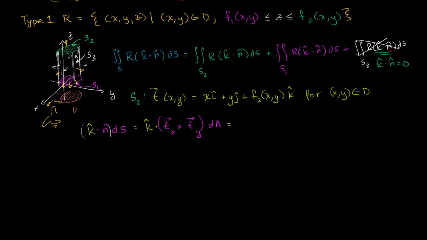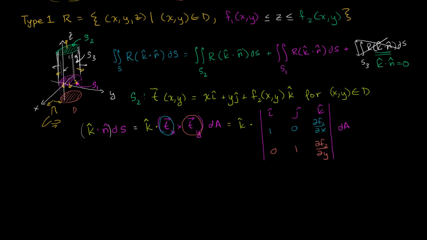This is equal to k dotted with the determinant of the matrix i, j, k, the partial of T with respect to x, which is going to be 1, 0, the partial of f2 with respect to x, and then the partial of T with respect to y, which is just going to be 0, 1, the partial of f2 with respect to y. And then, of course, we have to multiply times dA.